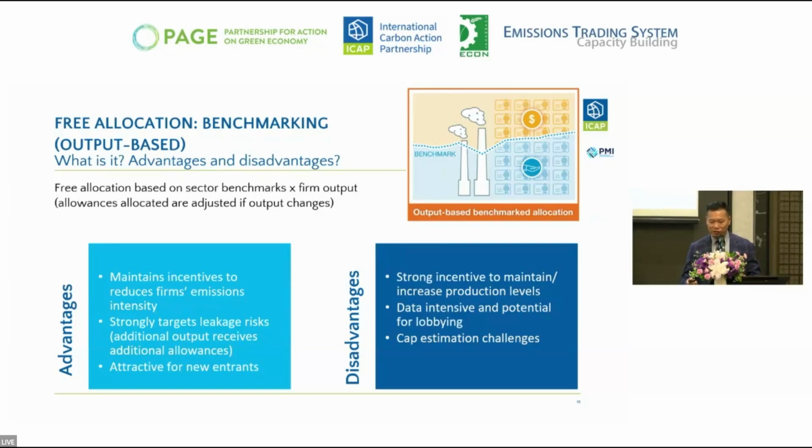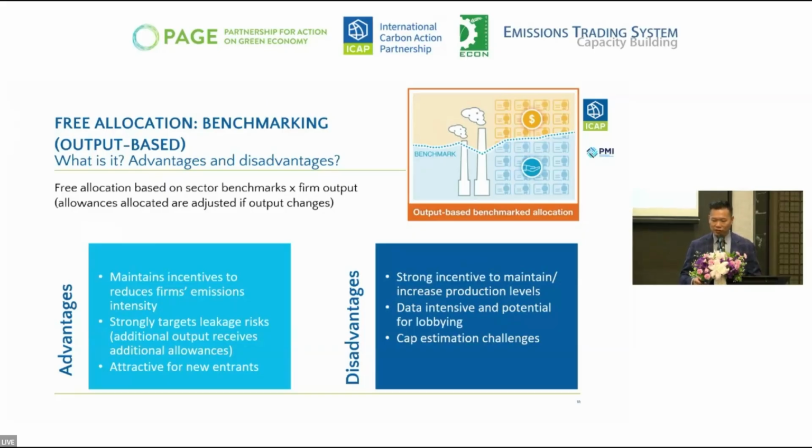And so it has the incentive to reduce the intensity, and it strongly targets leakage risk because it's output based. It's not based on the historical production. So that can actually reduce the leakage risk. And it's also attractive for new entrants because they don't need to buy additional allowance. They just get allowance based on their production. So it doesn't matter if you are old or new in the market.